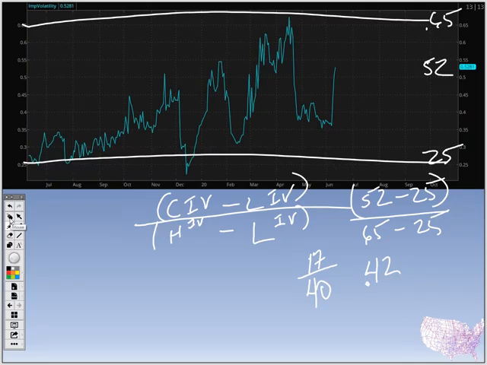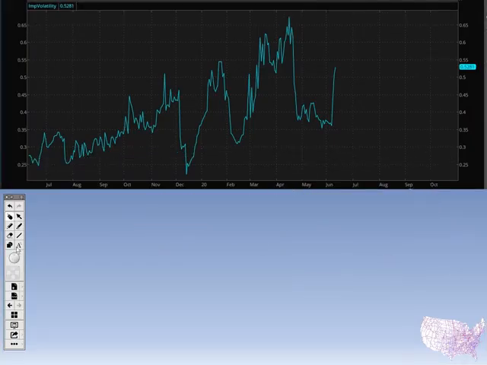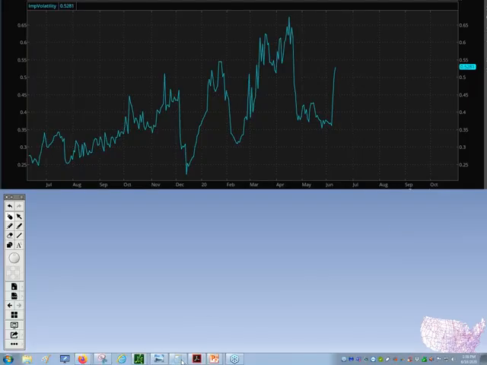Somebody do the math. Is that 42%? Seems a little low. It seems way low. Is that math right? All right, 42%. Let me just do it again.